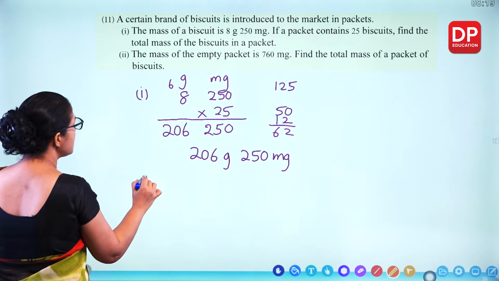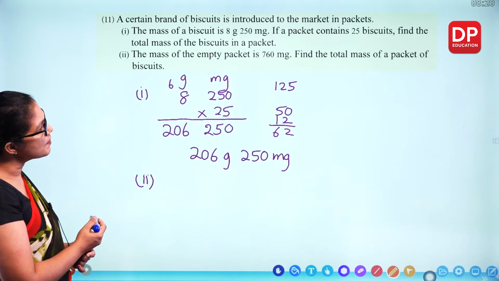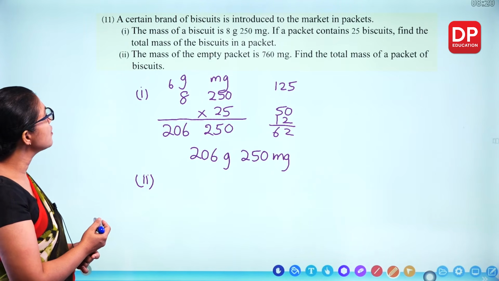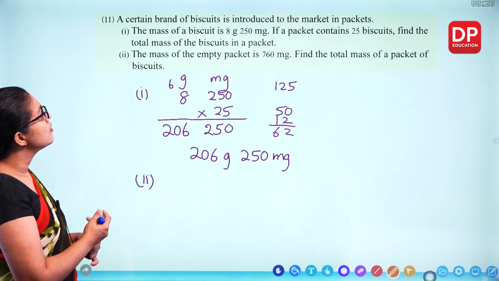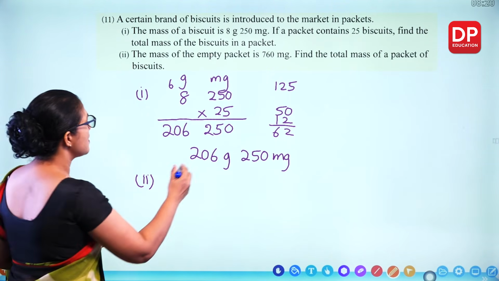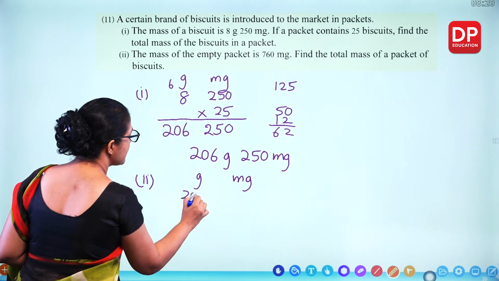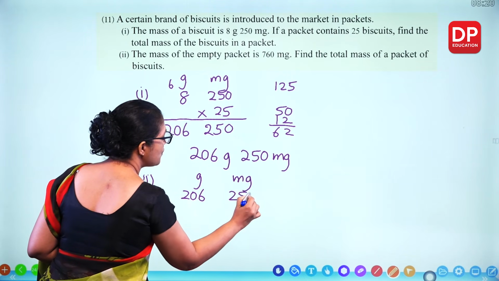Then the second part, the mass of the empty packet is 760 milligrams. Find the total mass of a packet of biscuits. So you need to add 760 milligrams to this answer. So grams, milligrams, 206, 250.